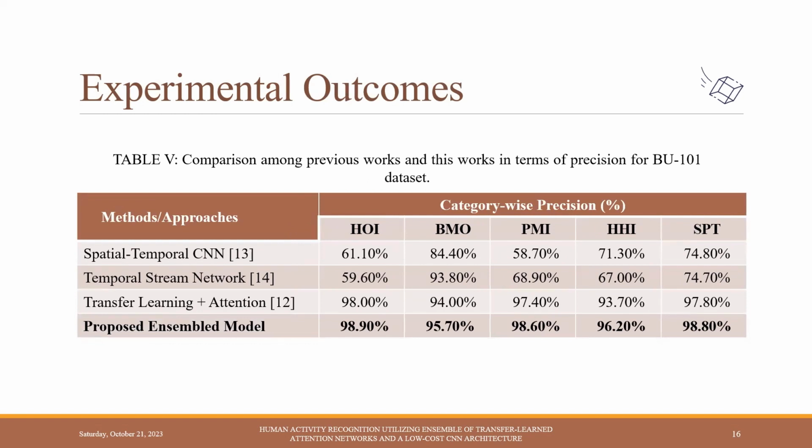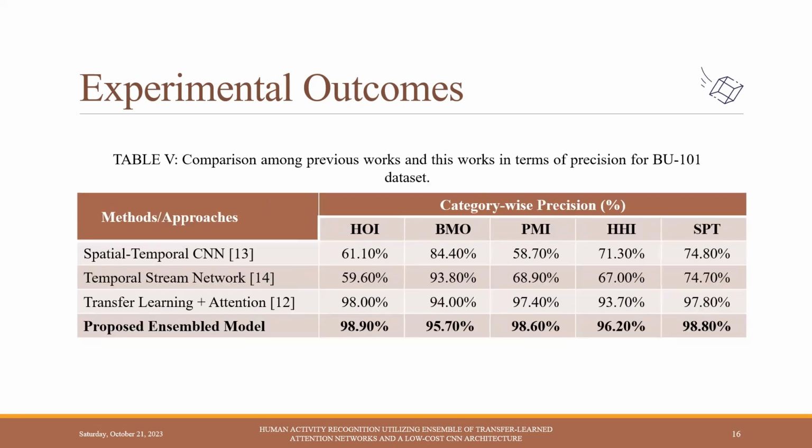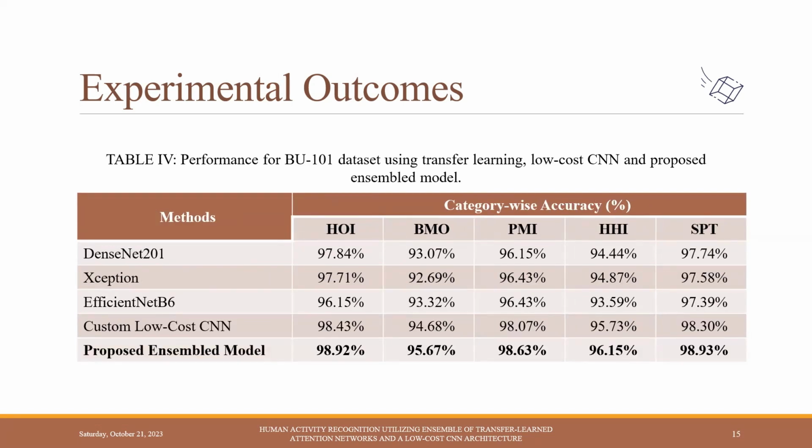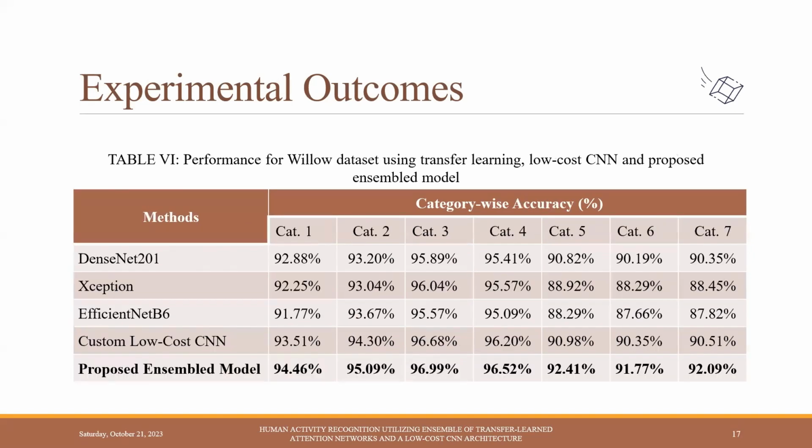And if we compare the performance with the previous methods or approaches, you can see that in all the categories, our model is doing better. So this one was the accuracy. This one is the precision, the comparison of the category-wise precision.